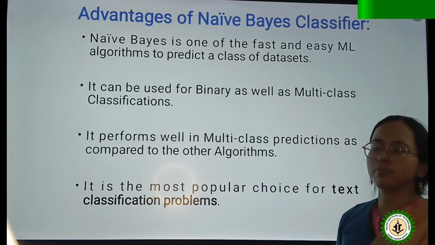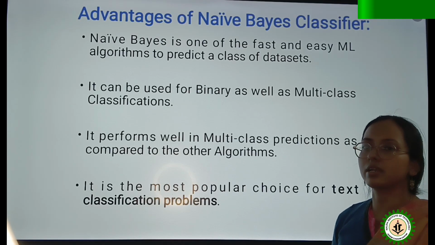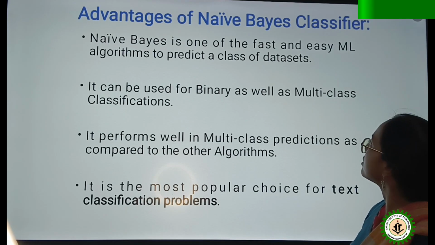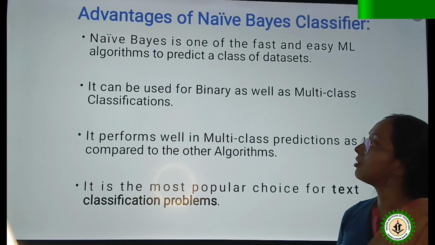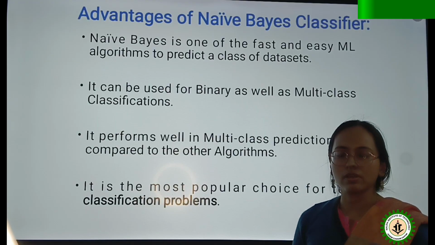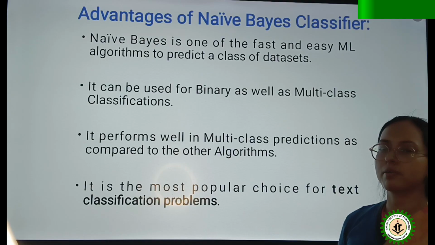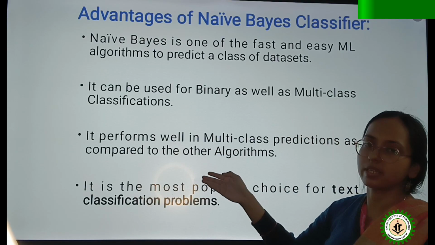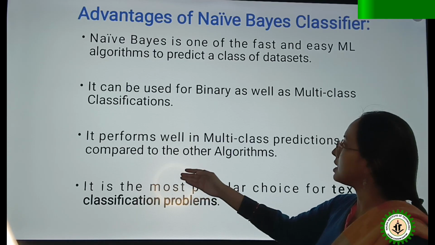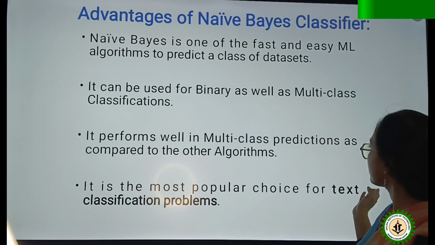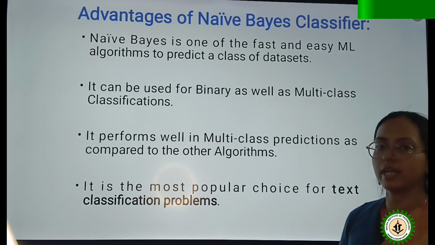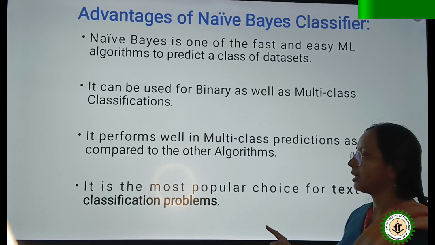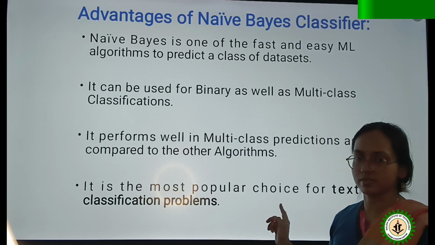Since it is based only on probability, the calculations are more efficient and faster, so prediction becomes very easy. It can be used for binary as well as multi-class classification. It performs well in multi-class predictions compared to other algorithms, and it is a popular choice for text classification problems.